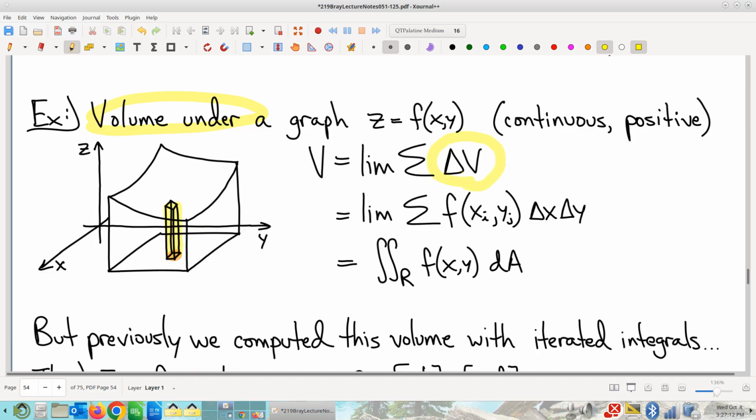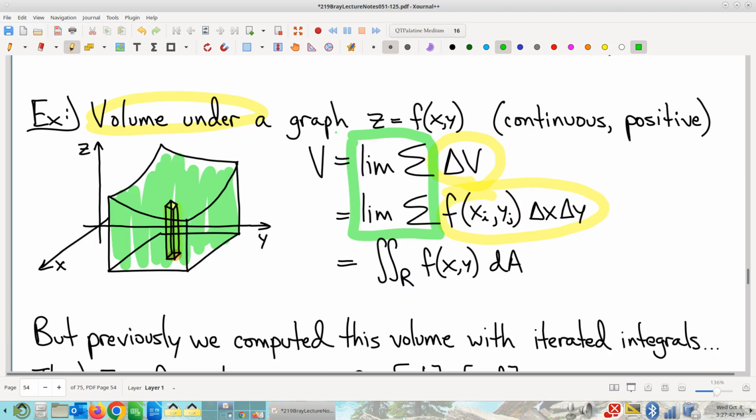The volume of that little French fry is height times the area of the base. No big deal. Is that cool? And so, wait a minute, we want to compute the total volume of this whole biggie fries here. Well, we just add up over the entire rectangle.